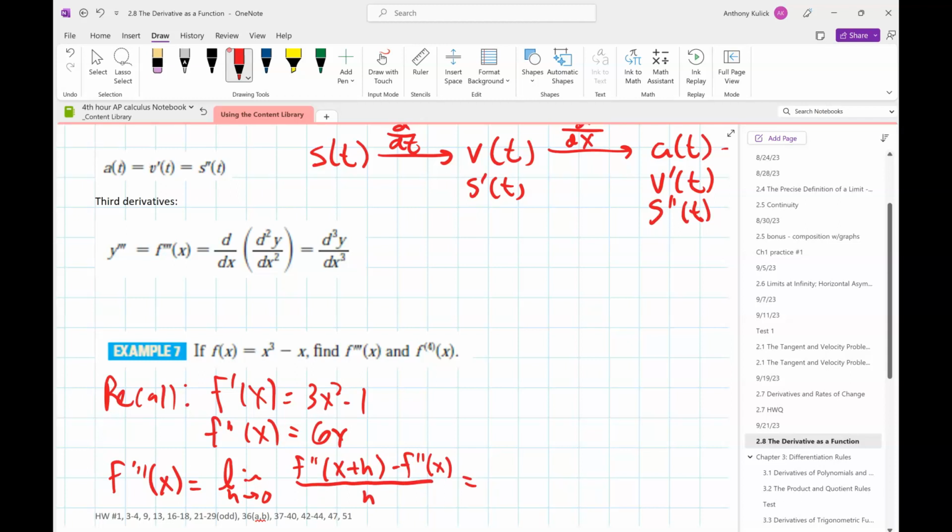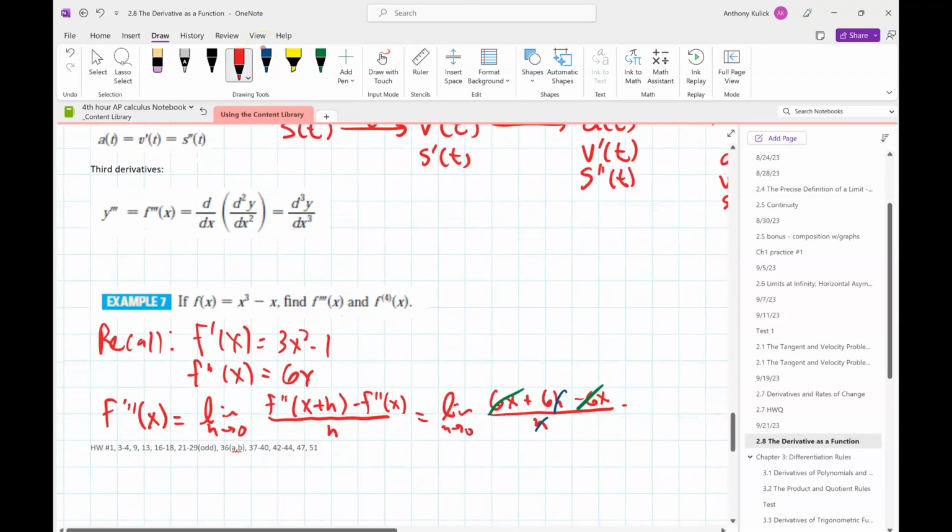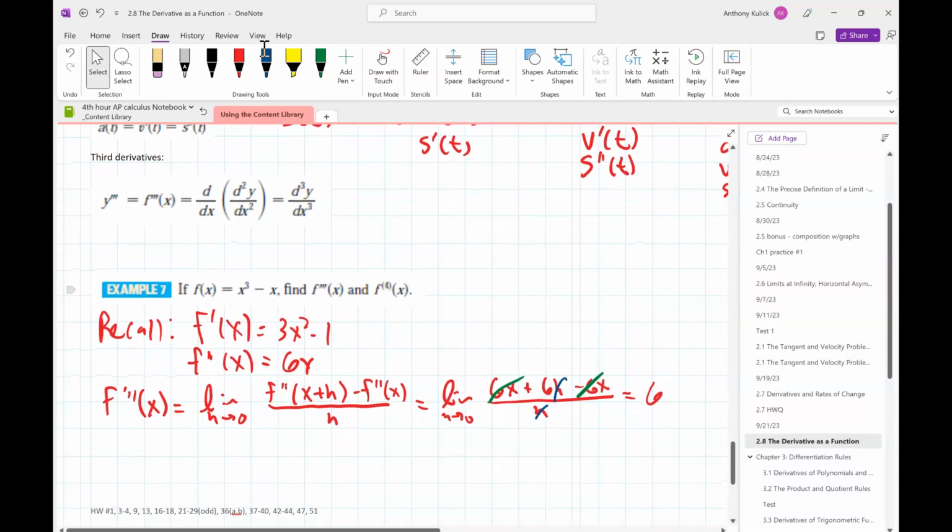When I plug x plus h into f double prime, I just get 6x plus 6h. Don't forget your limit. And minus f double prime of x, which is just 6x. The 6x's cancel, the h's reduce, and my limit is just 6.